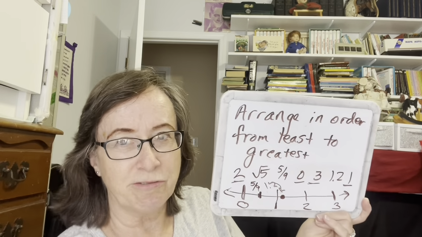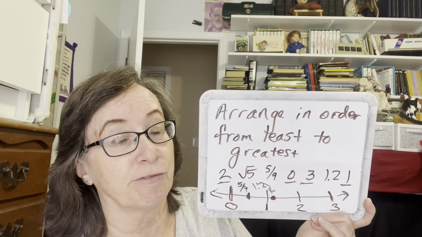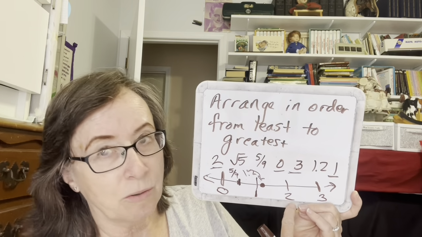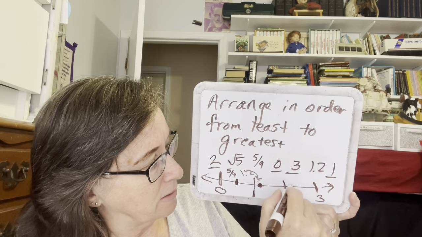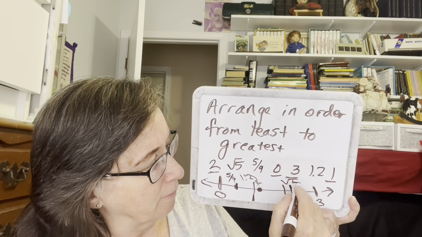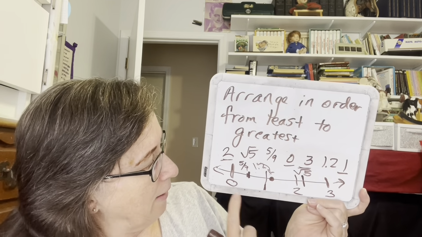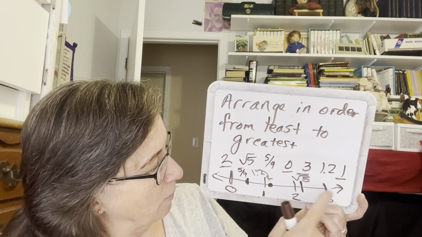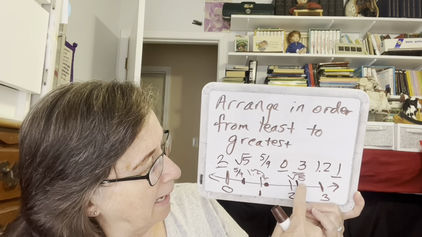And then square root of 5. Well, square root of 5 is greater than square root of 4, and square root of 4 is 2. But square root of 9 is 3. So square root of 5, I'm just going to put right about there. Okay, so we have 0, 1, 2, 3, 5/9, 1.2, and square root of 5.